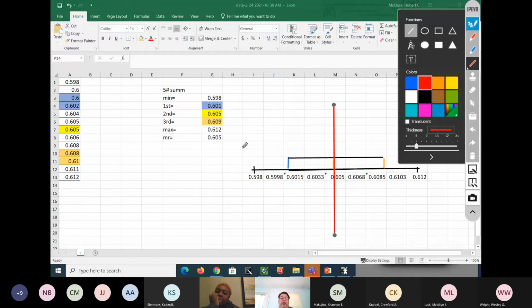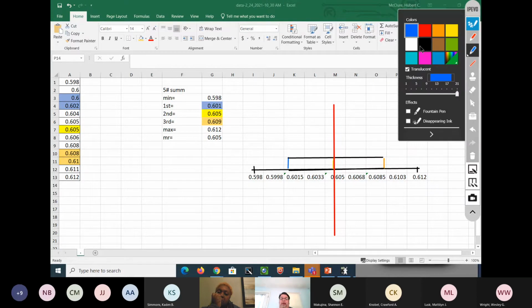Look at the mid-range. What is the mid-range? 0.605. What's the median? 0.605. So you have about a normal distribution. And if I could draw this, I'm going to try to draw it. Hold on, y'all bear with me. I'm drawing with a mouse here if you've never done this before.